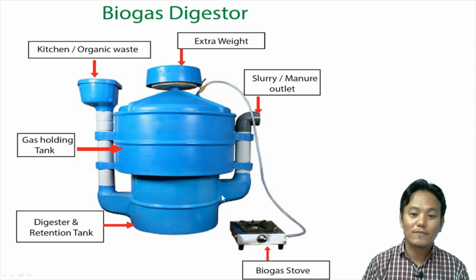After the slurry is spent, it can be taken out to be used as manure or fertilizer. And from this gas holding tank, we can take out the gas to be used in the kitchen for cooking or for lighting as well. So this is a model of a biogas plant.